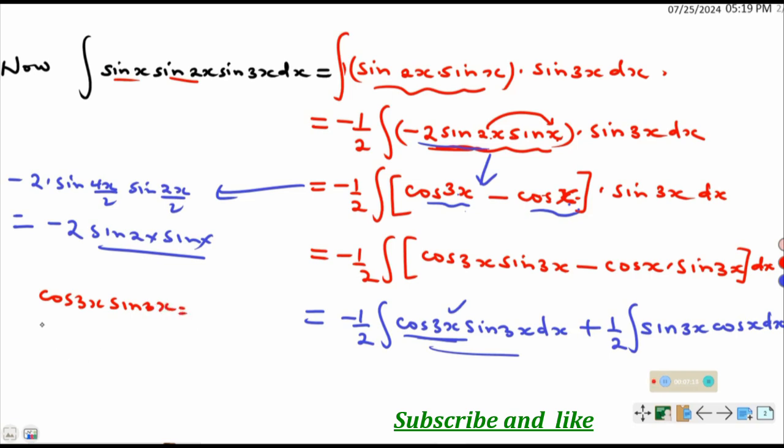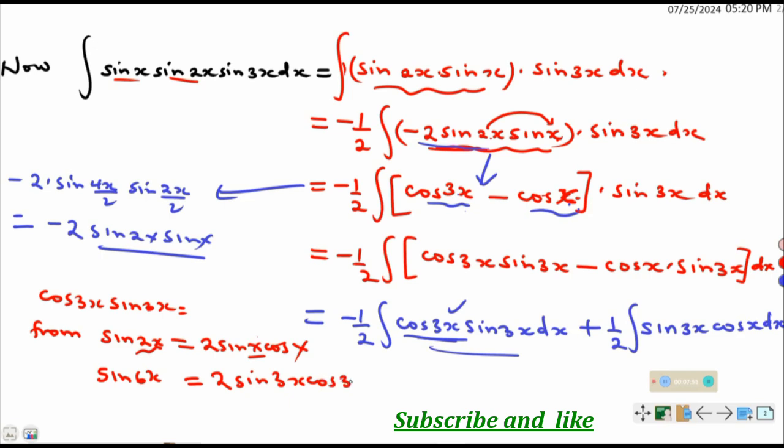We know that from double angles, sine of 2x is the same as 2 sine x cos x, meaning that the angle on the right hand side is half of the angle on the left hand side, meaning that when we talk about sine of 6x, then we expect to have 2 sine 3x cos 3x.